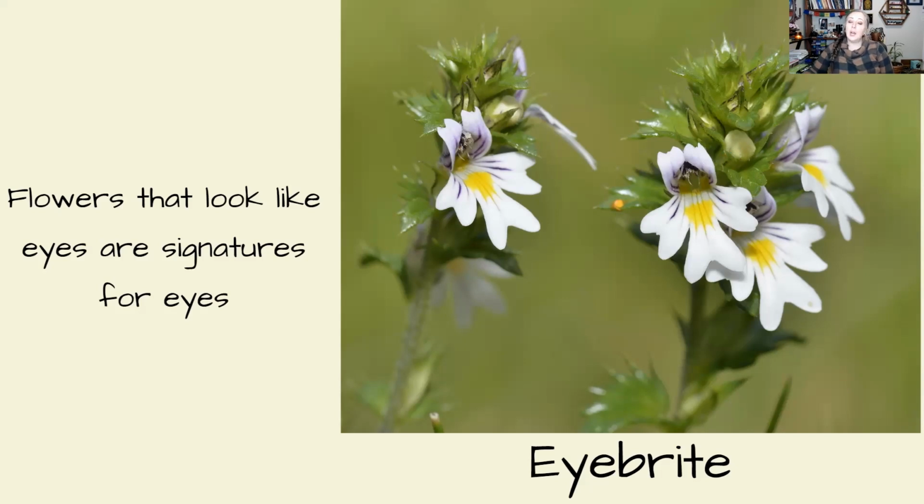But I'm going to share a couple different things that this plant is used for. So eye bright is a remedy for conjunctivitis or pink eye. All right. And another thing, this yellow dot that you can find, right? That is also a specific signature for a jaundiced eye. Eye bright could be a remedy for that.